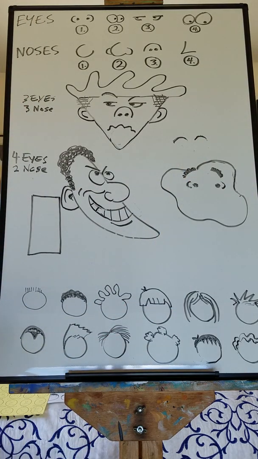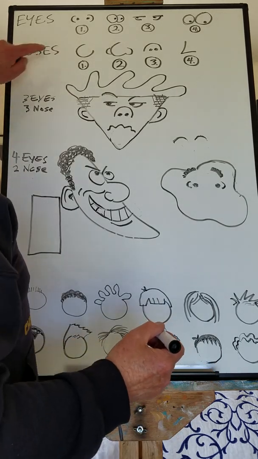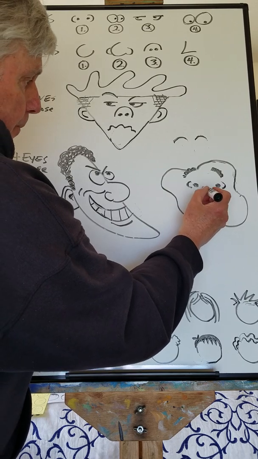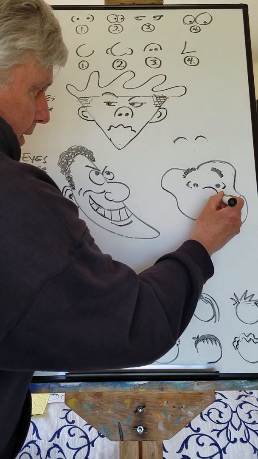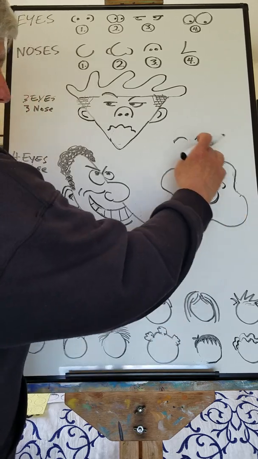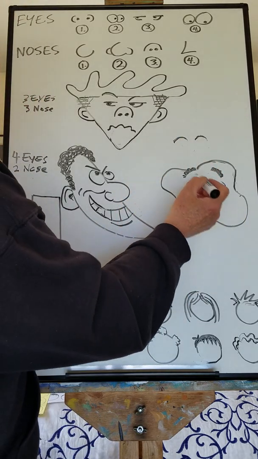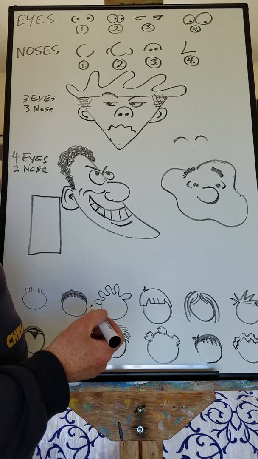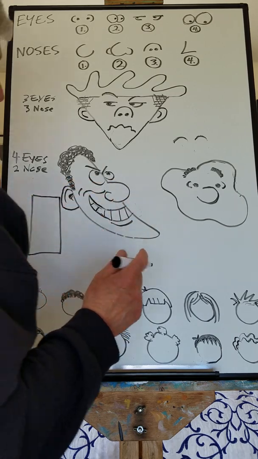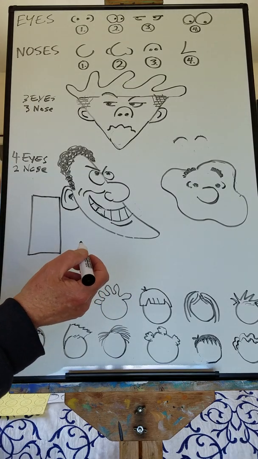Now, what kind of nose on this person? Kind of like the one nose. Very simple. It's kind of a complicated face shape, and so if you keep the nose simple, then that lets the face shape kind of stand out.